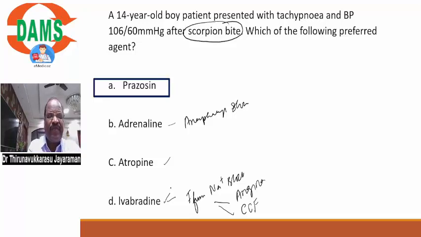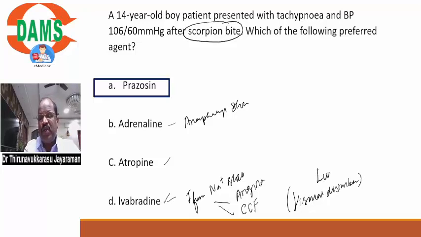It causes bradycardia. One more thing, visual disturbance, sometimes causing a luminous effect. That means transiently there is a sudden brightness in a restricted field of vision, sudden enhanced brightness, one of the rare adverse effects of ivabradine.